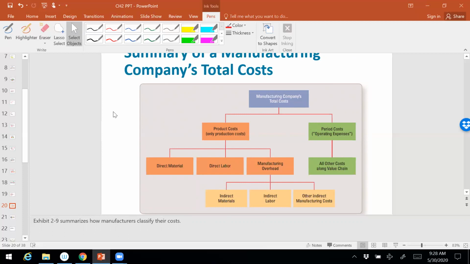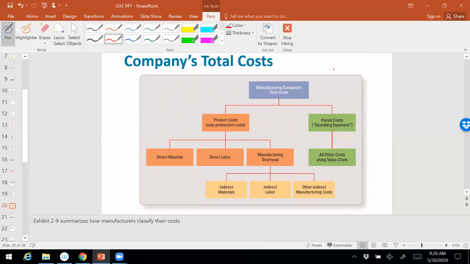Okay, so we look at the manufacturing company's total cost. Remember, the product cost is everything related with your production. Now we talk about manufacturing, everything that happens in the plant. It's called the product cost. For product cost, we have direct material, direct labor, and manufacturing overhead.